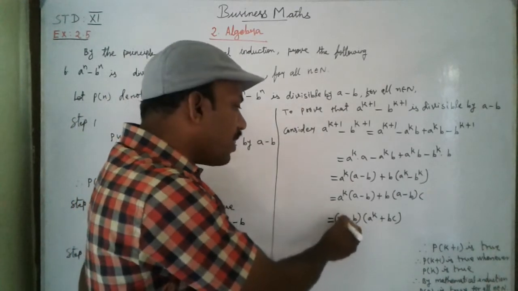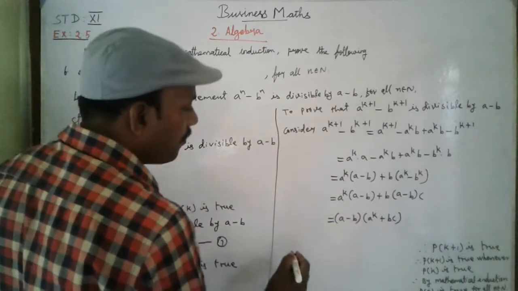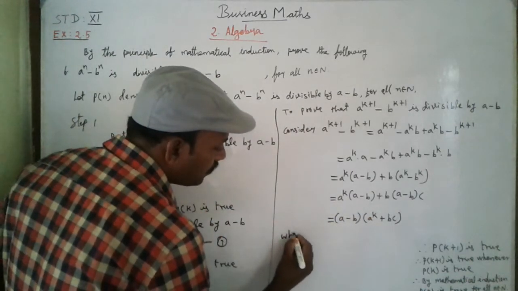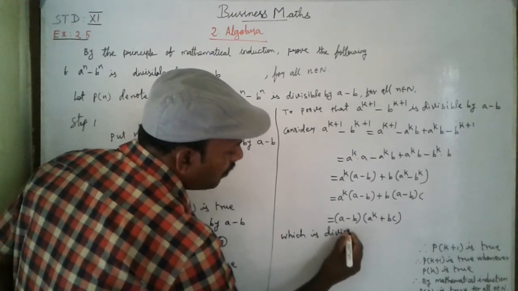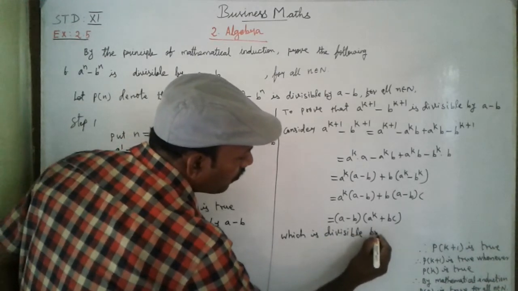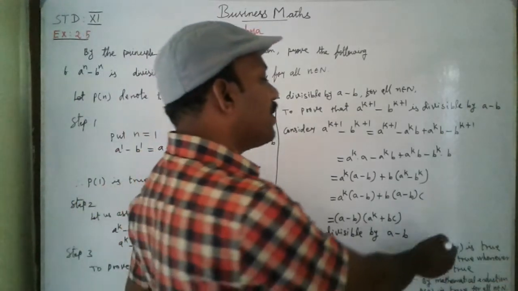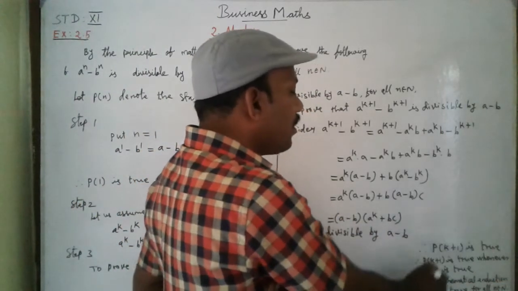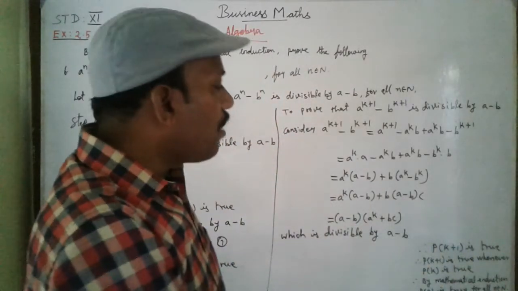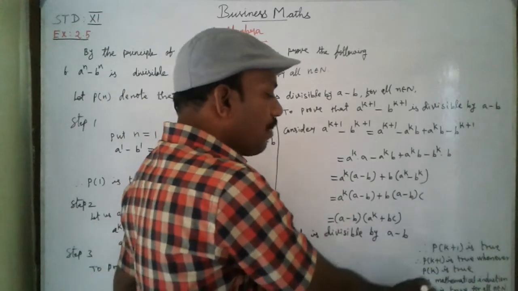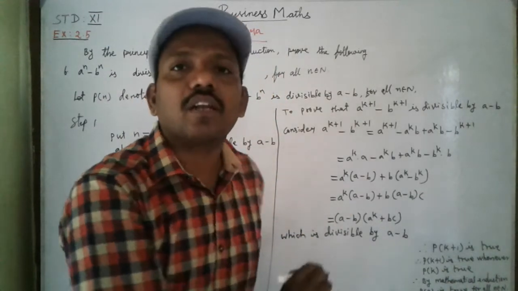Why? a minus b is a multiple here, so it is divisible by a minus b. Therefore p of k plus 1 is true whenever p of k is true. By mathematical induction, p of n is true for all n belongs to N. That's all.